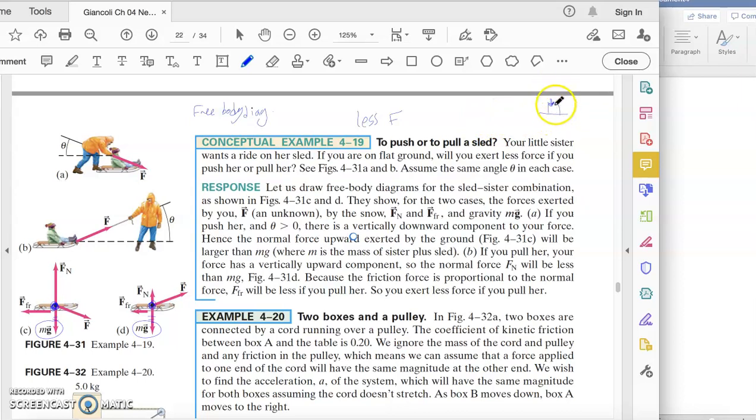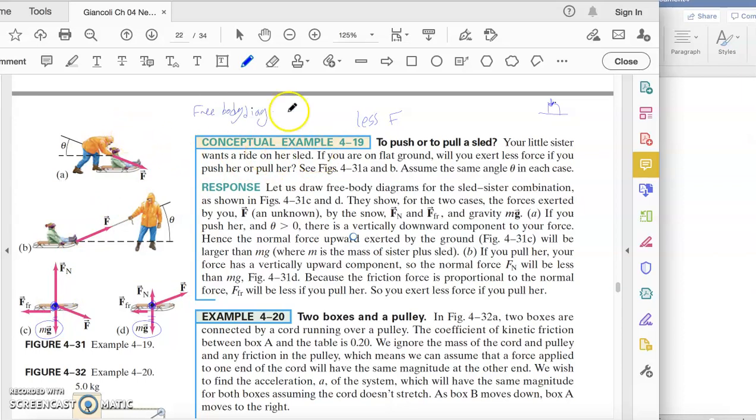What happened to the normal force? Does it increase or decrease? If you push, basically you are applying more force on the surface. So definitely the reaction of the surface will be quite bigger than mg.